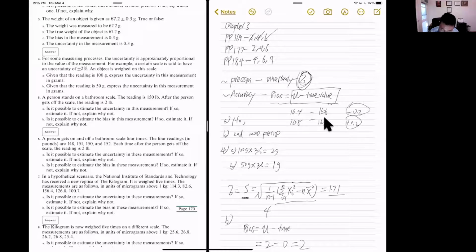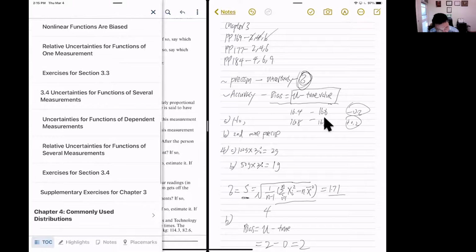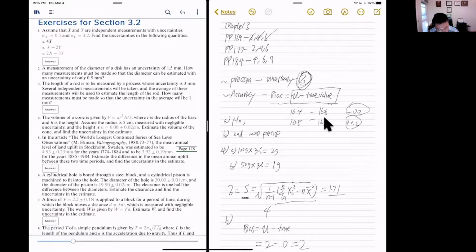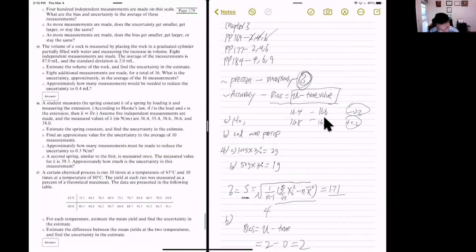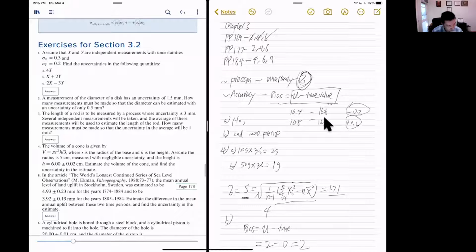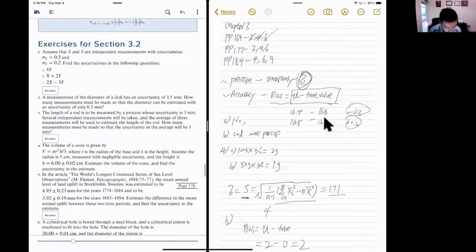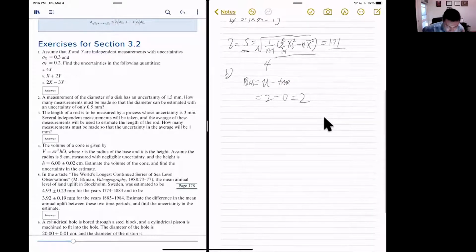Next, 177, question number 2. A measurement of the diameter of the disk has uncertainty of 1.5 millimeter.